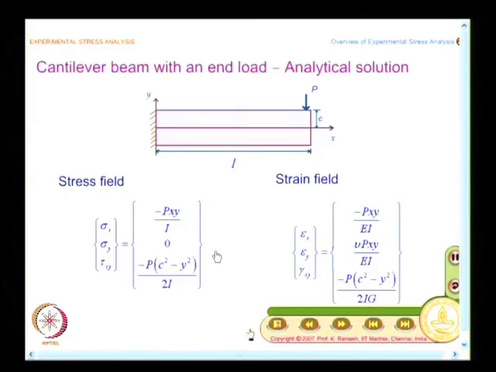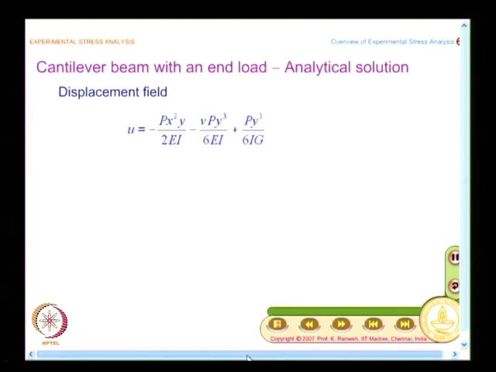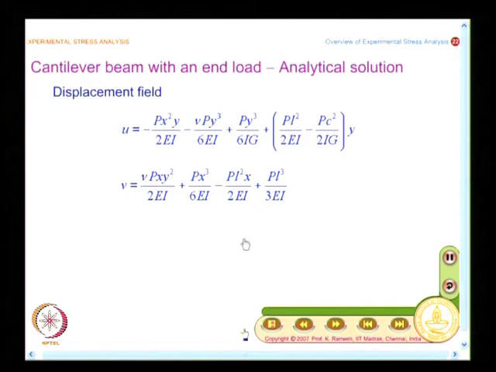And the point to note here is, when I do an analytical method, I am able to get the stress field, I am able to get the strain field, I am also able to get the displacement field, and that is what you see here. The displacement field is slightly more involved, and in your basic course in strength of materials you would have worried only about the v displacement, and when x is 0 you get P L cubed by 3 E I, and you do not find out what happens for the v displacement as a function of y.